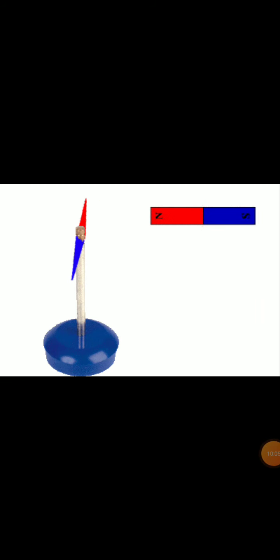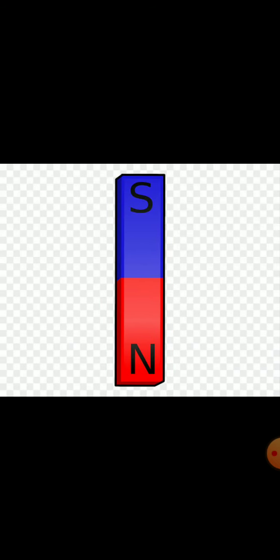If the question is asked to you, why does a compass needle get deflected when it is brought near a bar magnet, what will be your answer? You will say that it is getting deflected when brought near a bar magnet because a compass needle is in fact a small bar magnet.